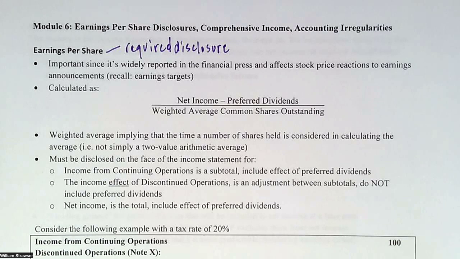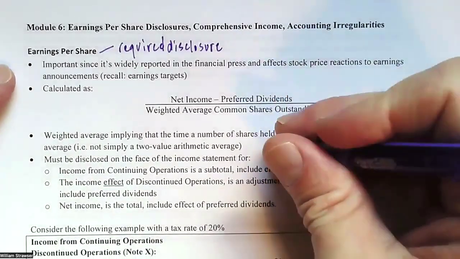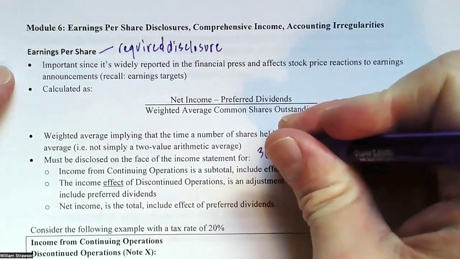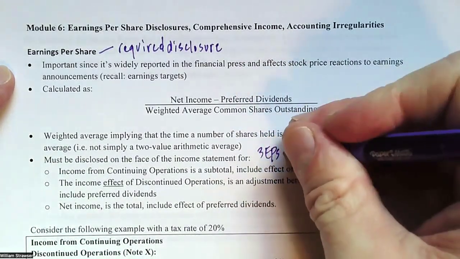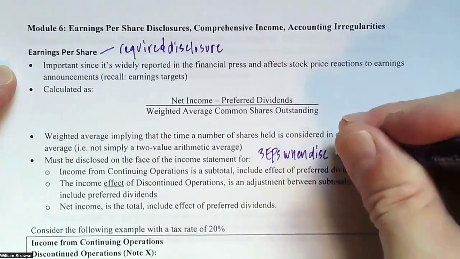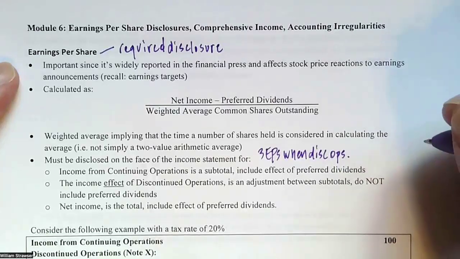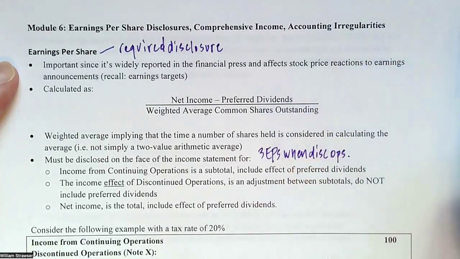So we have to disclose on the income statement, and we could have up to 3 EPS we need to calculate. We'll have 3 EPS when there is discontinued ops. If the company has discontinued ops going on and that's not resolved, then we have to have 3.